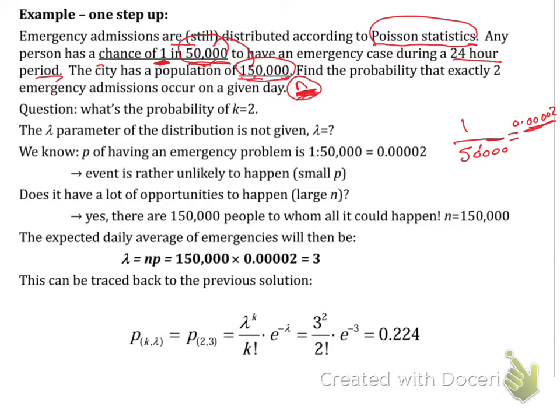Find the probability that exactly 2 emergency admissions occur on a given day. So he's asking about exactly 2 cases.